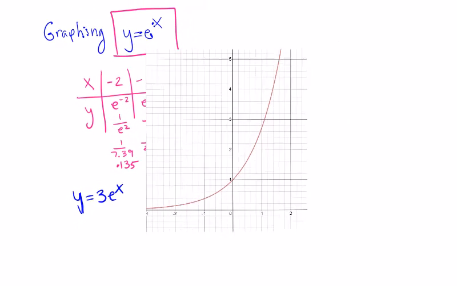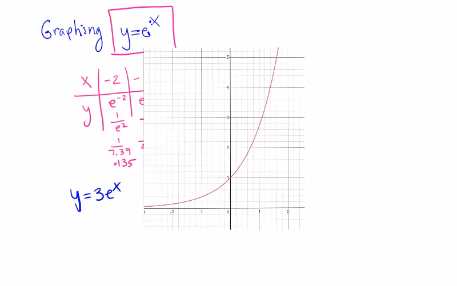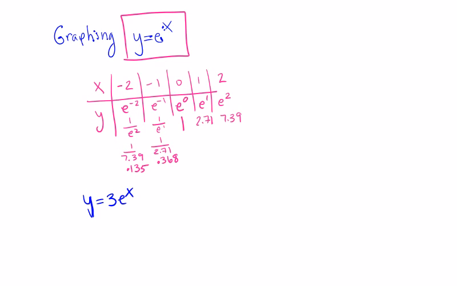So this graph, which was probably not good to put in that location, so that graph, which is now gone, shows that we are going to go through the point 0, 1, and then we are going to go to the right one and then up to 2.7, and then at 2 we're going to be up at 7.39, 1, 2, 3, 4, 5, 6, 7, and 8, and then going back the other way it's going to get smaller and smaller. So this pink graph is going to represent e to the x.